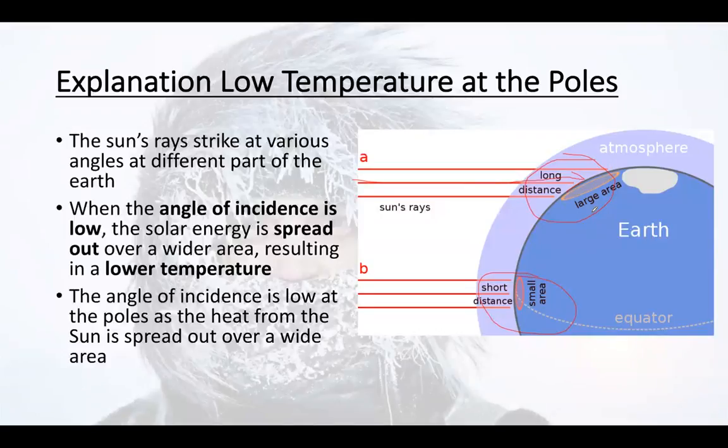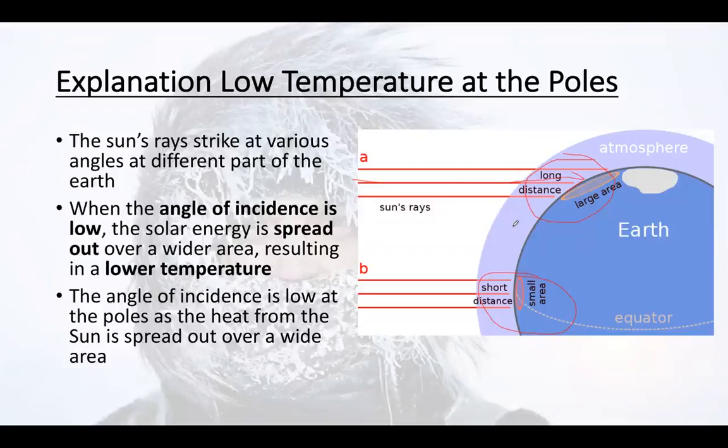With lower energy spread out over a wider area, it has a lower temperature. The angle of incidence is low, and the heat from the sun is spread out over a wide area. That is why the temperature at the poles is always quite low. It can go from minus 20 all the way up to at most 0 degrees.